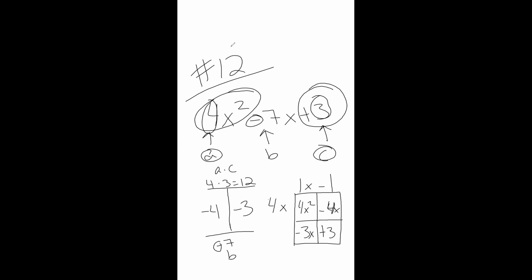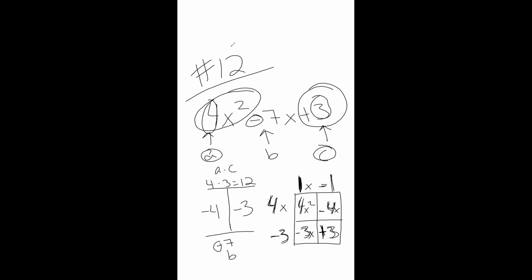So I have that top factor now. I did 4 times 1 gives me 4. 4 times negative 1 gives me negative 4. Now I've got to go up here. 1 times negative 3 gives me negative 3. And negative 3 times negative 1 is positive 3.